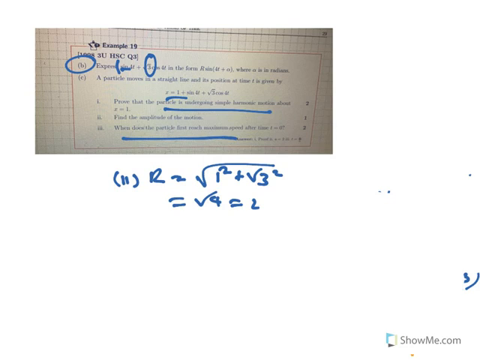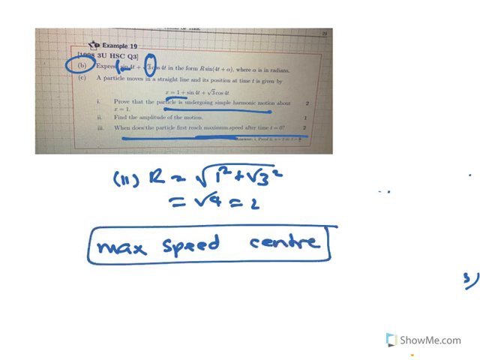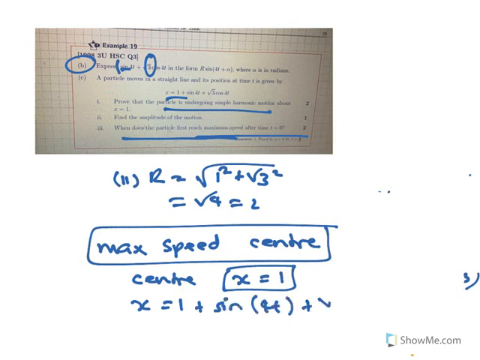And when does the particle first reach its maximum speed? Okay, so the maximum speed is at the centre of the motion. So when does it first reach the centre of the motion? The centre of the motion in this one is x equals 1. So if you've got x equals 1 plus sine 4t plus root 3 cos 4t.